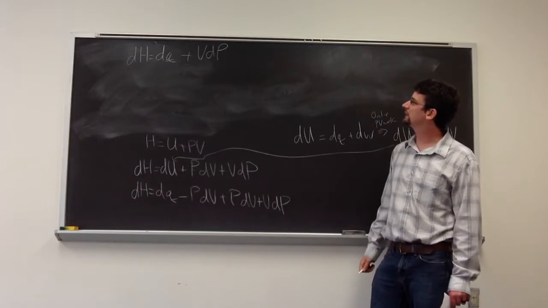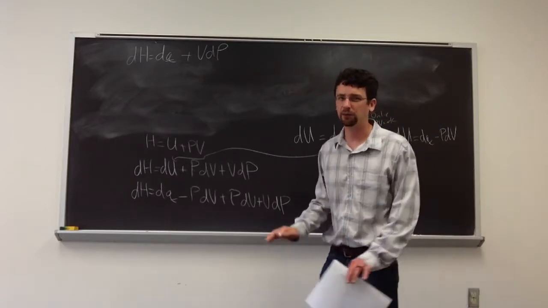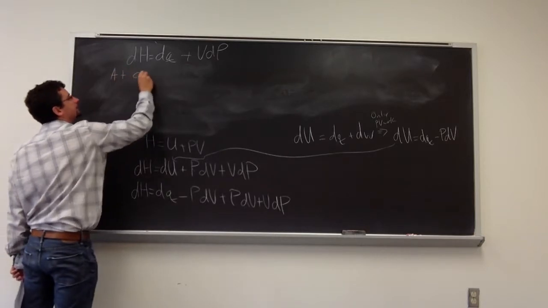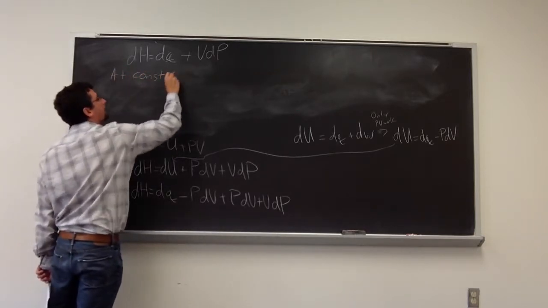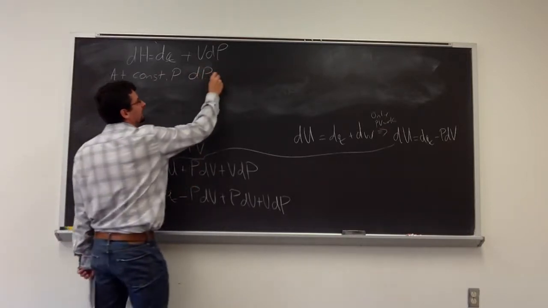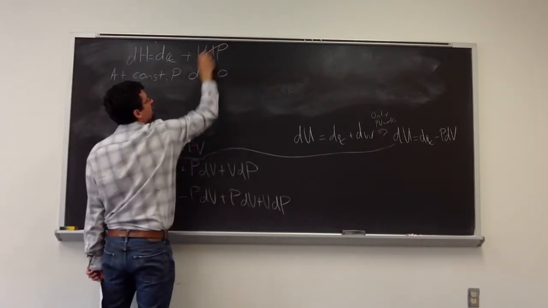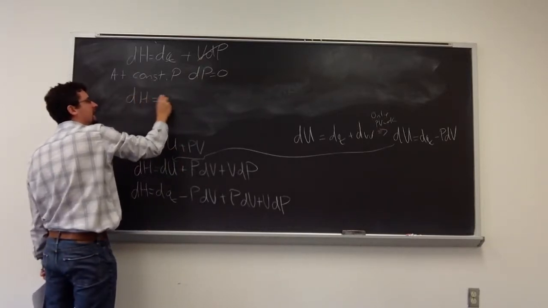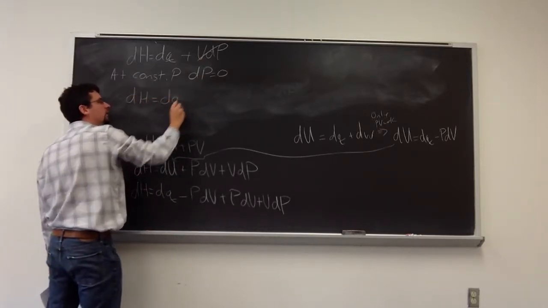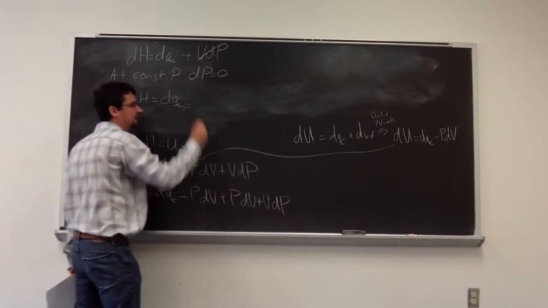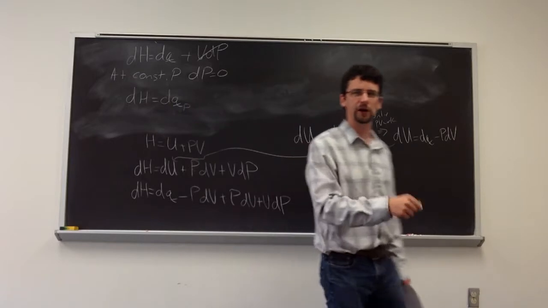Looking at this expression, at constant pressure the differential dP is equal to 0, so this term drops away. What we're left with is dH equals dq, and since we're at constant pressure, we put a subscript P on that q to indicate it's at constant pressure.